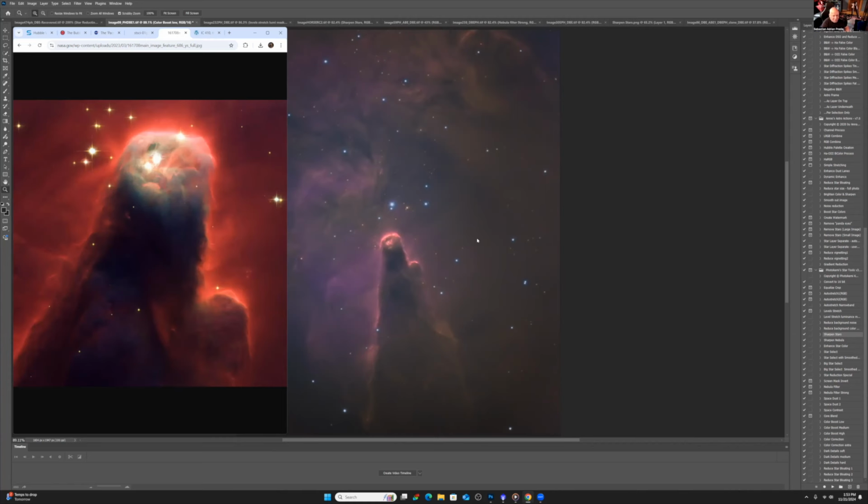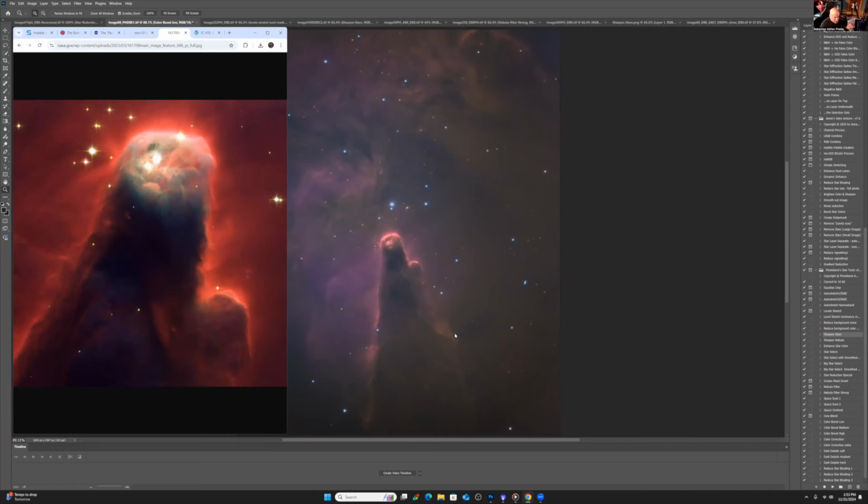And I'm very happy in the sense that I never actually thought I would get this close, because it is very, very small. Usually it's called the Christmas tree cluster, Christmas tree nebula.